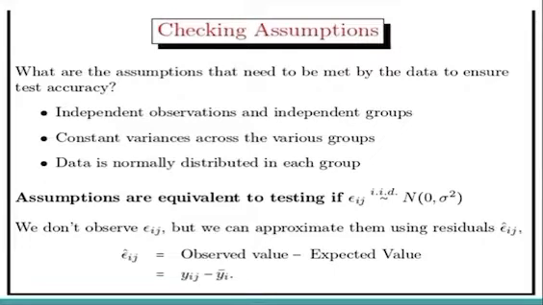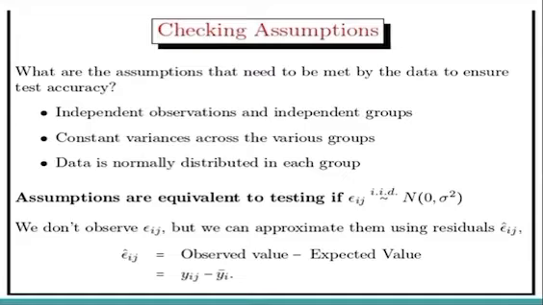Now, the third assumption is that the data set in each group has to be chosen from a normal distribution, a normal population. That is required.